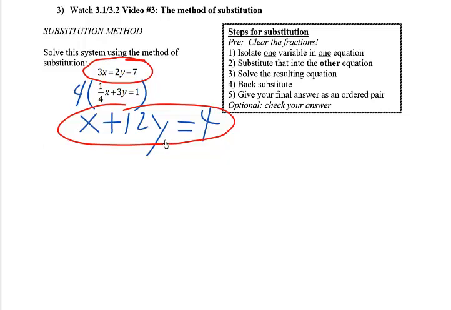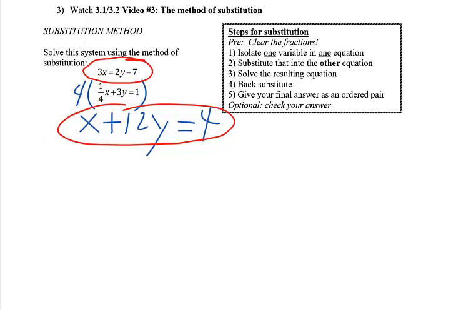In this case, there is a clear choice, and it would be the second x here. That's because it's the only one of the four that doesn't have a coefficient. It'll be very easy to isolate it, to get it by itself. If I were to choose any of the other three options, I think I'm going to end up with some fairly messy fractions. Sometimes that's unavoidable, but if I can avoid it, then that's certainly what I'm going to do.